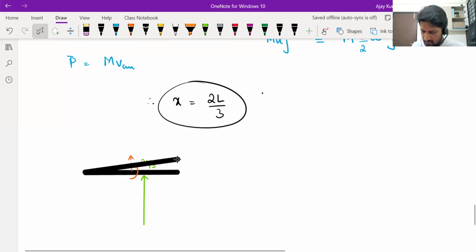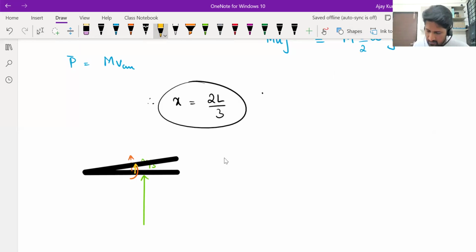There is rotation. There is translation as well. The center has moved forward, from here to here, and the rod has rotated. But the left end does not move. The translation and rotation will be balanced in such a way that the left end will not move. But that's only for one moment. From the second instant onwards, that left end also will have to move.